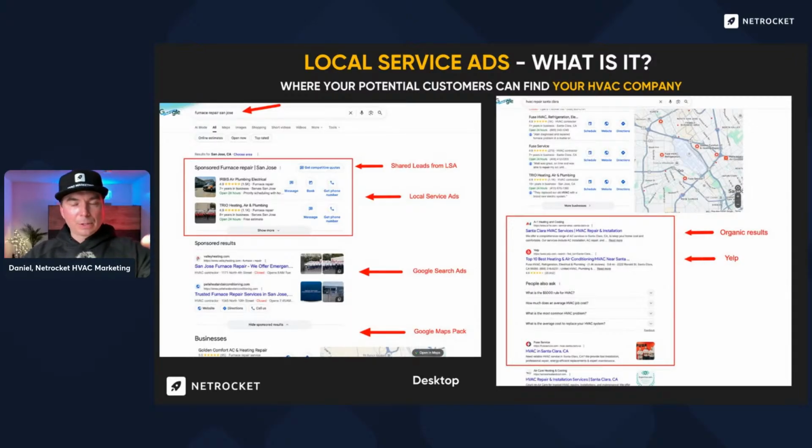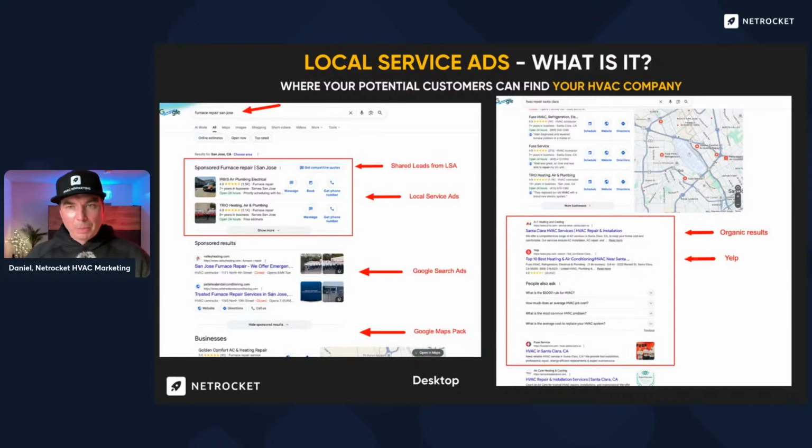On the desktop we have two of them, and then goes Google search ads, then goes the Google Map Pack or Google Maps. And inside these Google Maps, you can also see advertising, and then goes organic results, and Yelp also sits in organic results. Some of our clients will actually appear in maps and also in organic. And this is how it's usually structured.